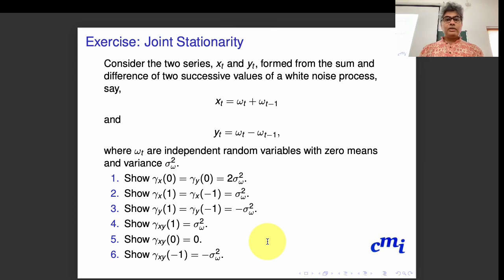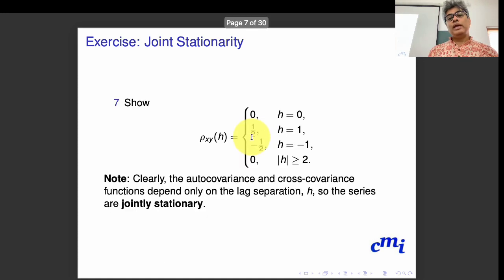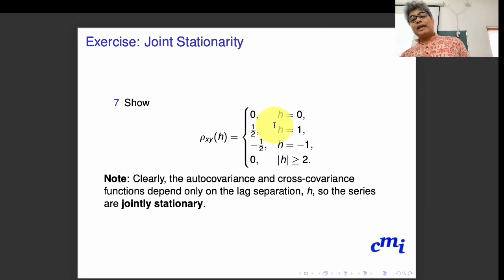So this is the example we discussed. We took w_t and w_{t-1}, defined w_t plus w_{t-1} as X, and w_t minus w_{t-1} as Y, two time series. What we found is that in the correlation, at lag 1 there is a correlation, but at lag 0, lag 2 and beyond there is no correlation.